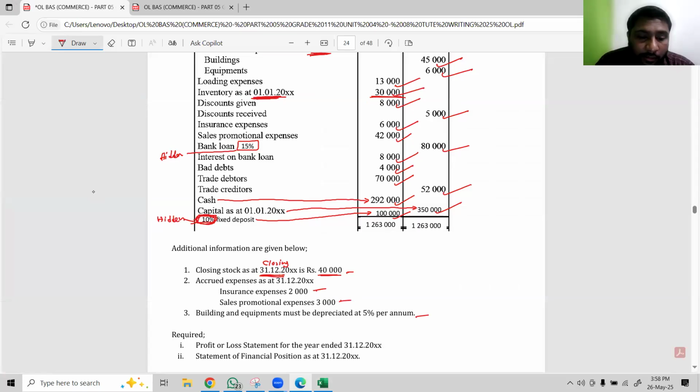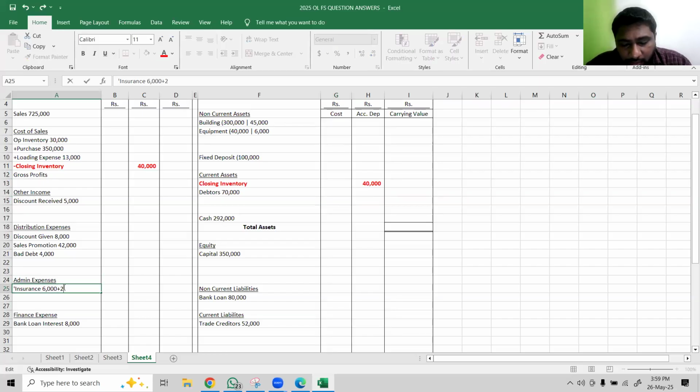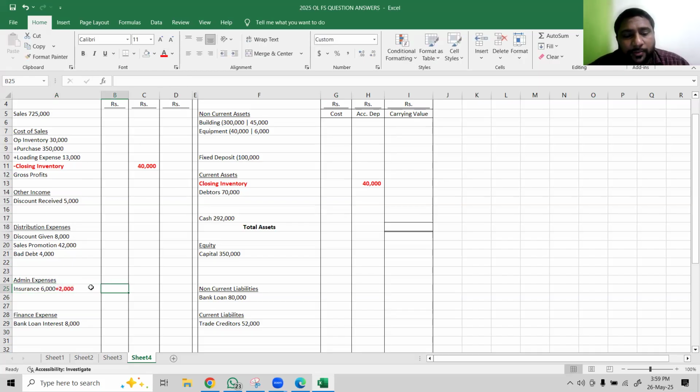Next one. Accrued expenses means past expenses not yet paid. So we have to pay it, no? Liability. Insurance 2,000. What's the adjustment that we studied? Increase the expense, record the liability. The insurance is not 6,000. 6,000 is just the paid amount.